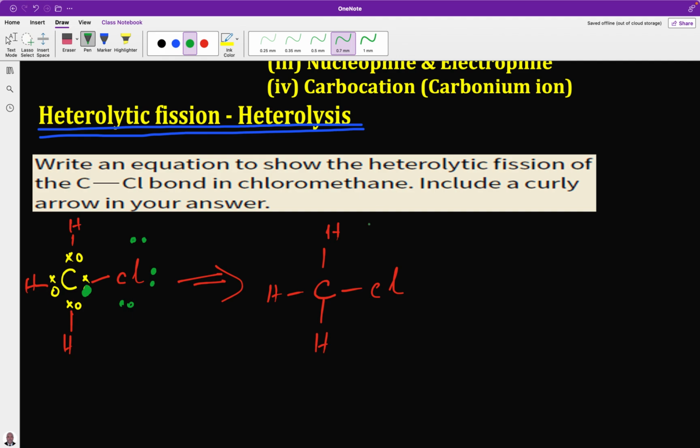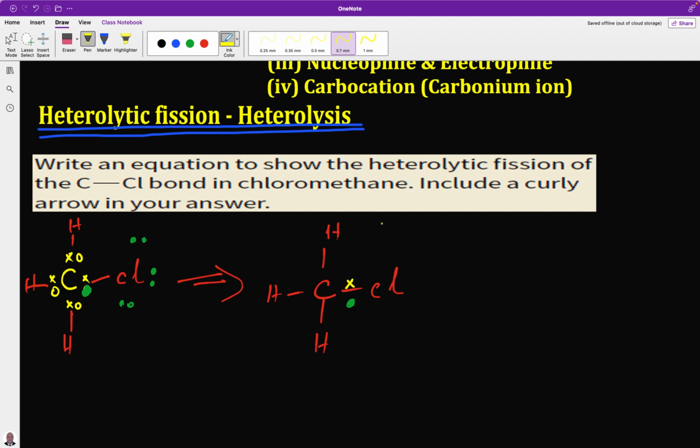We have two bonds here, and there is the other bond from carbon. So write an equation to show the heterolytic fission of the carbon-chlorine bond in chloromethane.